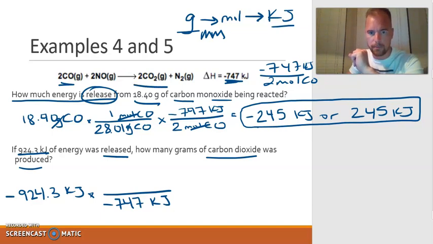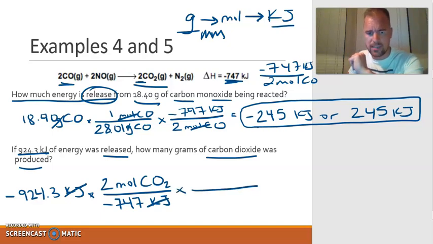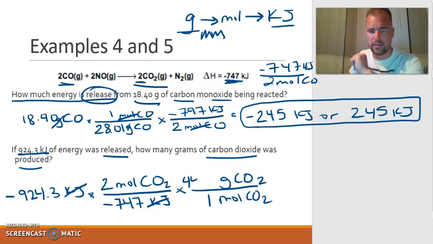So that's right here. 747 is released for every 2 moles of carbon dioxide. Once again, why am I writing 2? Because that just happens to be the coefficient that's right there when it's balanced. So the kilojoules will cancel. The last thing, I don't want to know moles of carbon dioxide. I want to know how many grams. So I've got to figure out the molar mass for carbon dioxide, which is approximately 44.01 grams.